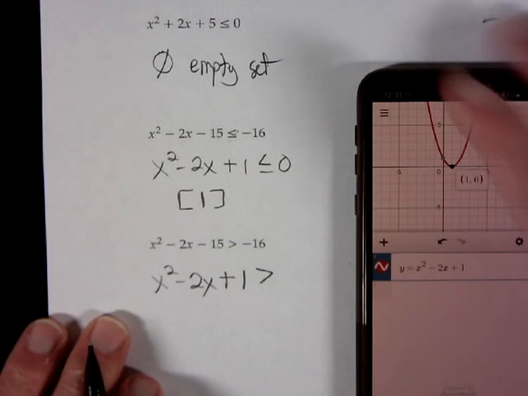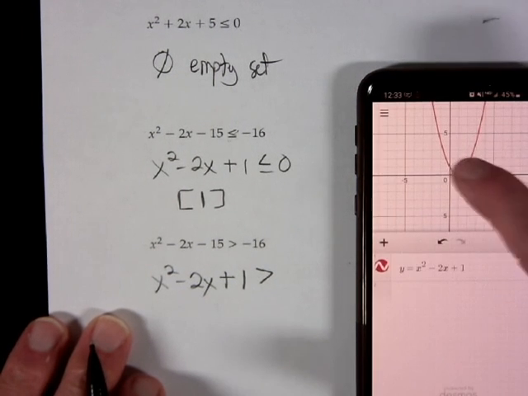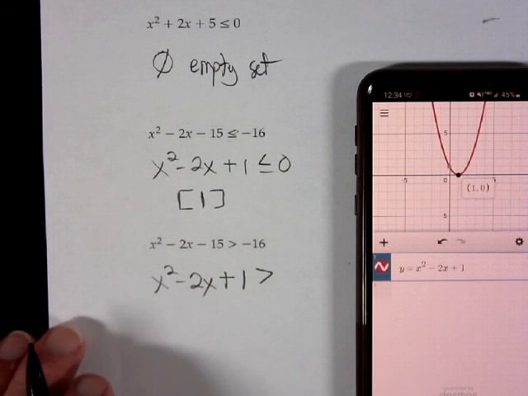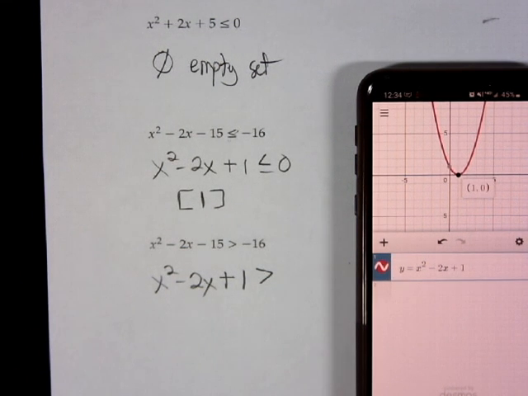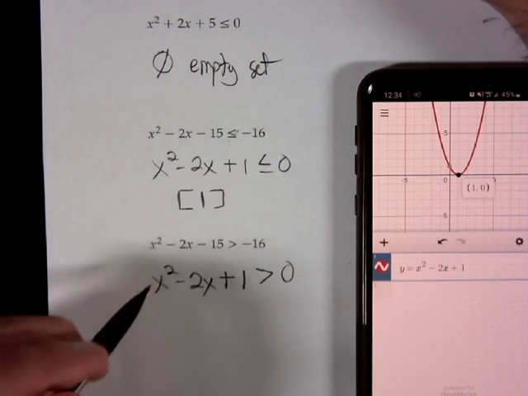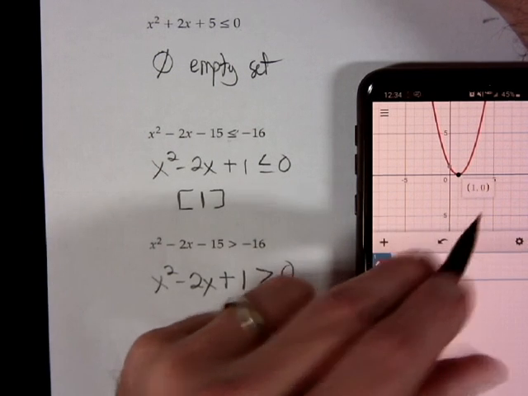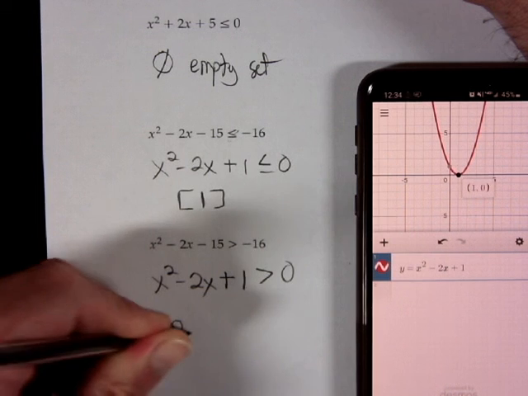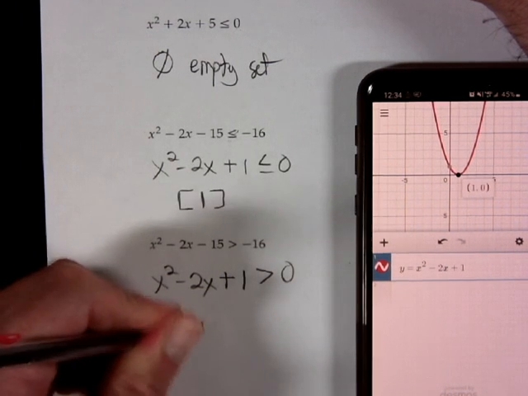So I already have the graph. I don't have to change the graph at all. I can just look at the same graph. And so we want to know where this thing is going to be greater than 0. Well, it's greater than 0 everywhere except at 1. So how are we going to denote that? Well, from negative infinity to 1, but not including 1.